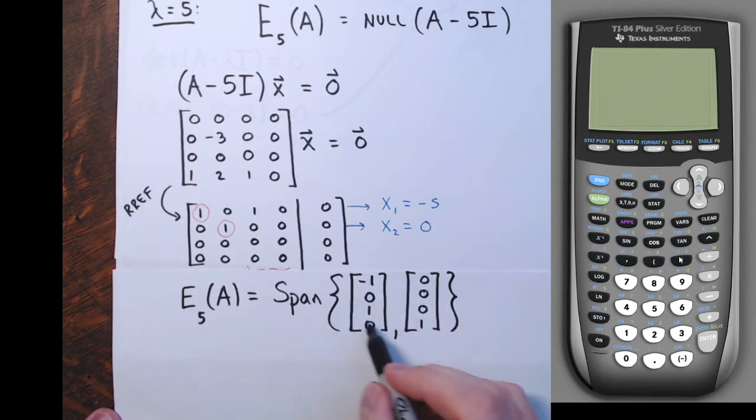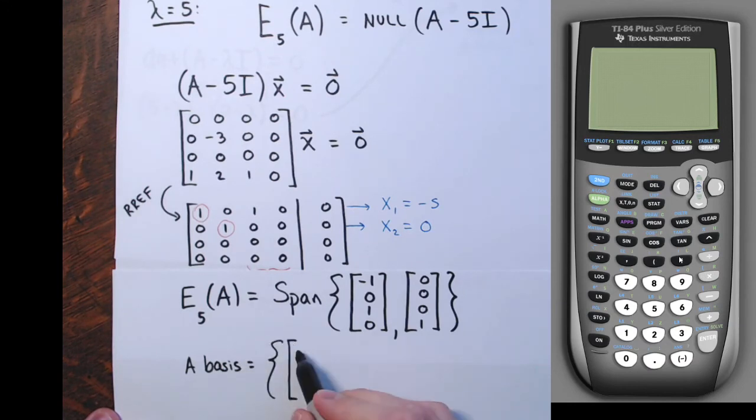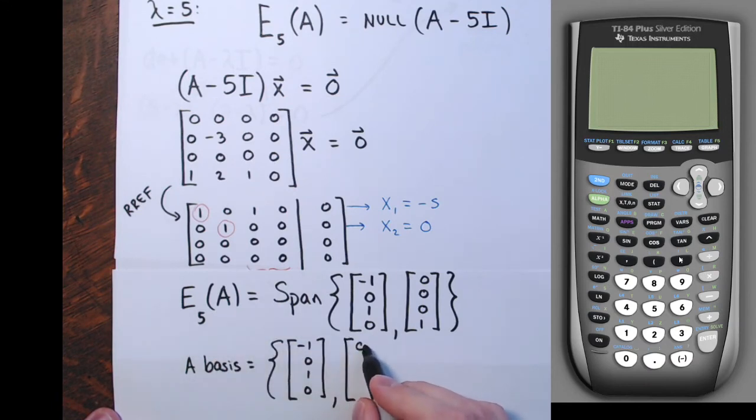Therefore, this set is a basis then, right? An eigenbasis. The set with these 2 vectors is a basis for this eigenspace.